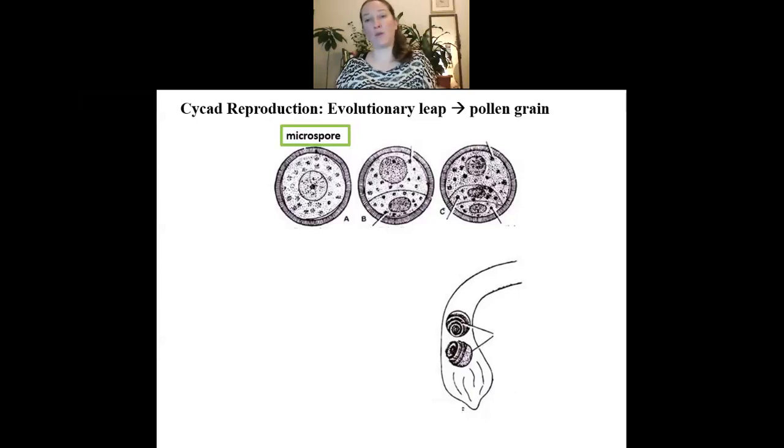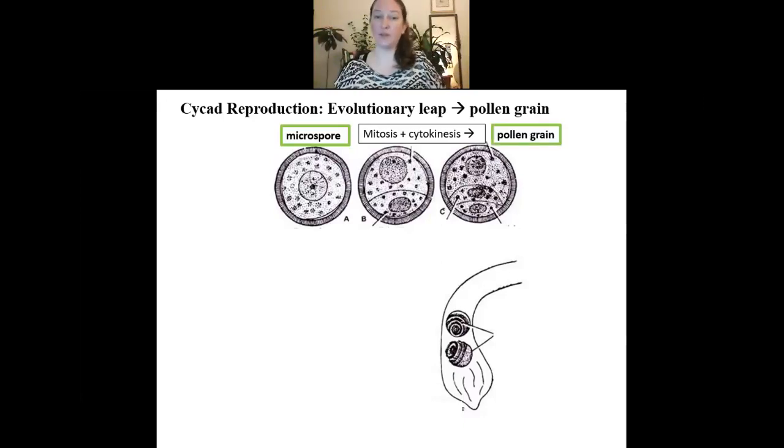This is one microspore of the tetrad of microspores that would have been made by the microsporocyte. This is all happening inside of a microsporangium. So you have the microspore. The microspore is going to undergo mitosis and cytokinesis. And the result is a pollen grain.